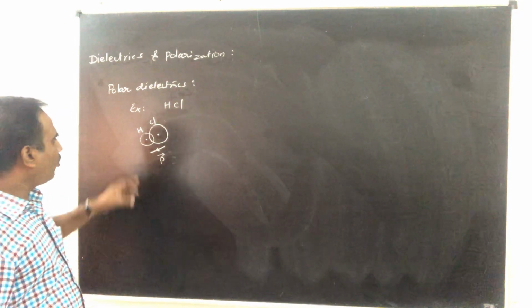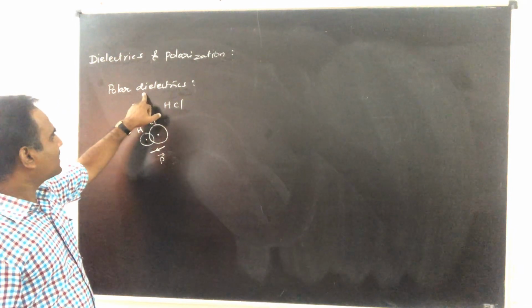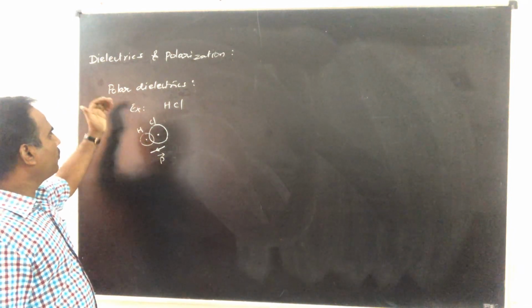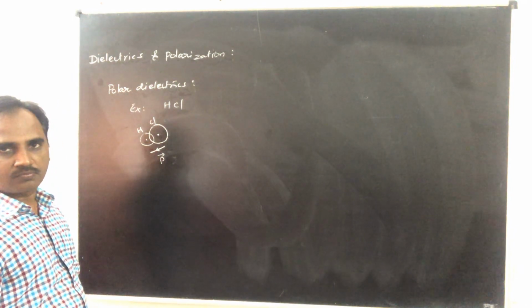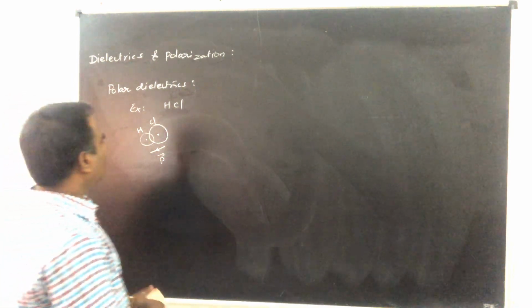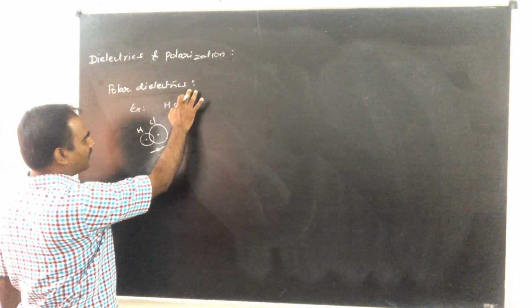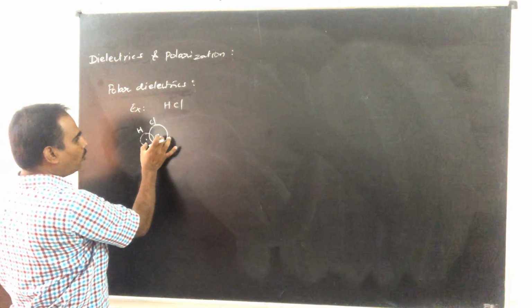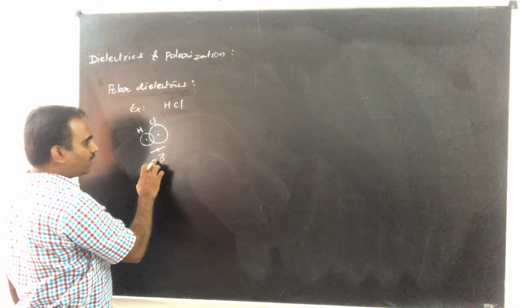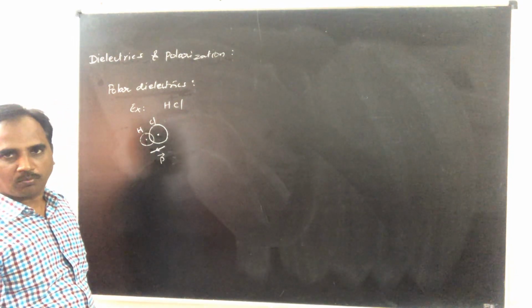These type of molecules are called polar molecules. Dielectrics having these type of polar molecules are called polar dielectrics. I already told you this point earlier. Similarly, in case of polar dielectrics, these polar molecules have a permanent dipole moment like this. Permanent dipole moment.